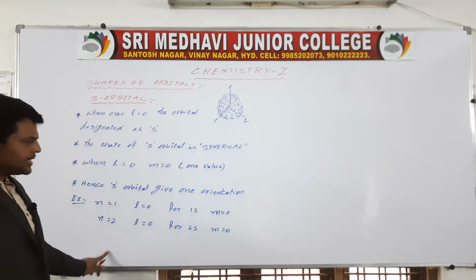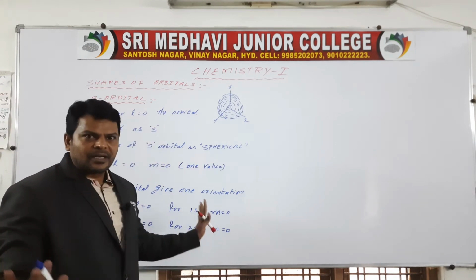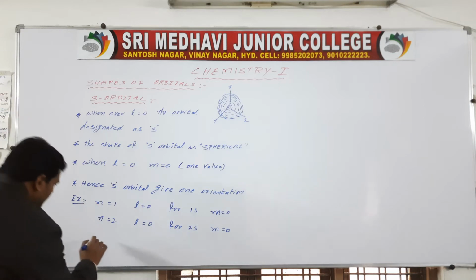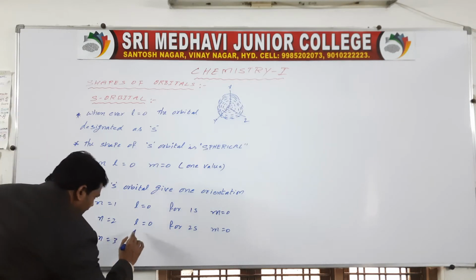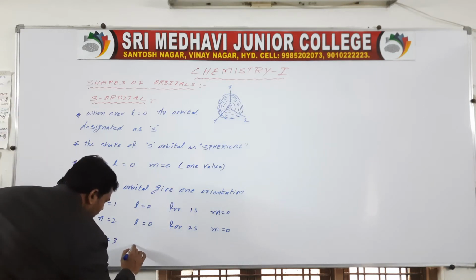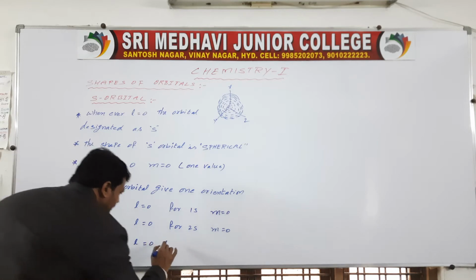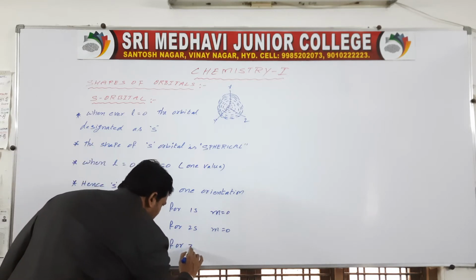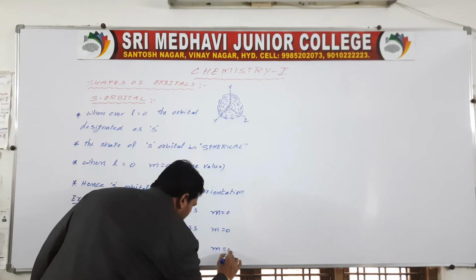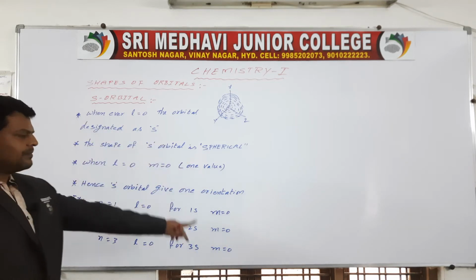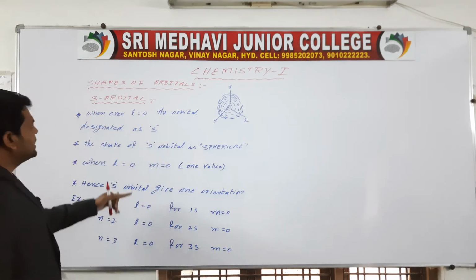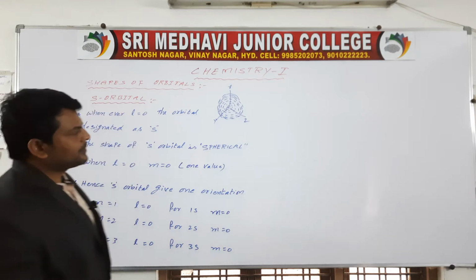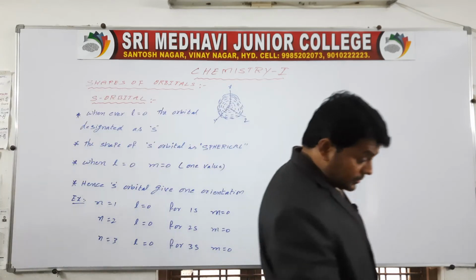The n value changes, but the L value and m value do not change. For n equal to 3, the L value is 0 for 3s, m value 0. That is the shape of the s orbital.